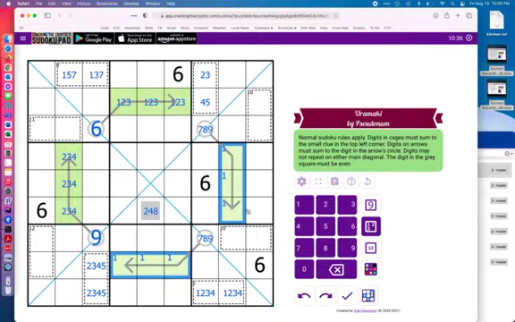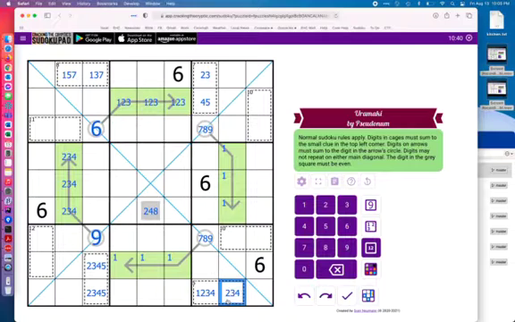One of all these is a 1. So this can't be a 1. And this can't be a 4. So 1 can't be in there, 1 can't be here, 1 can't be here.